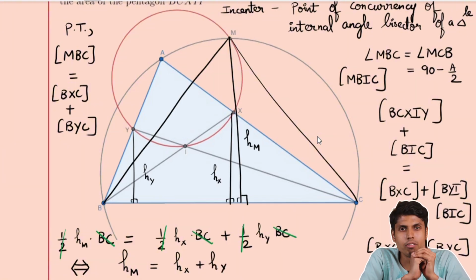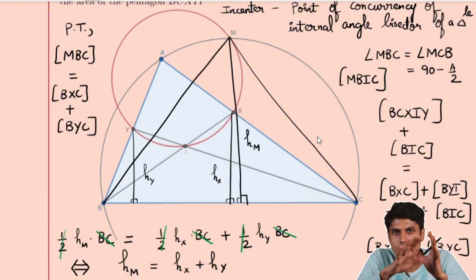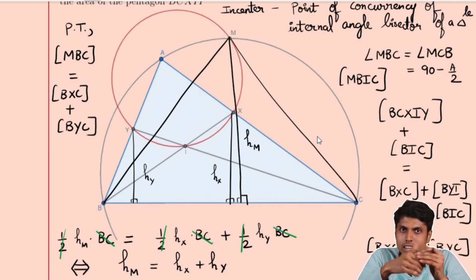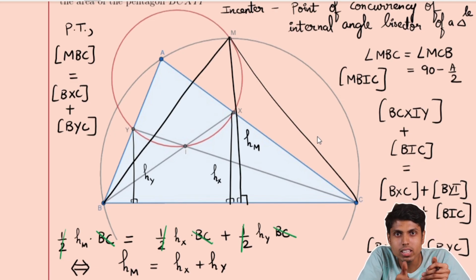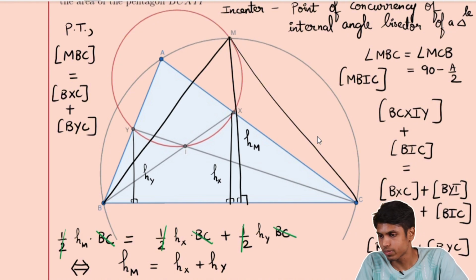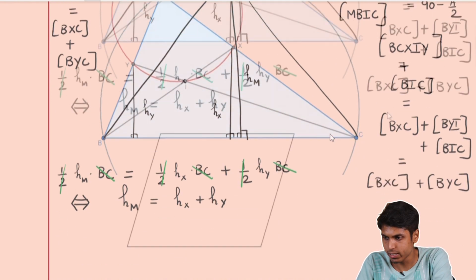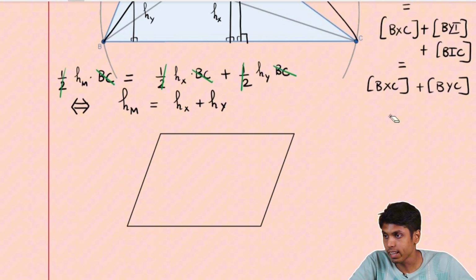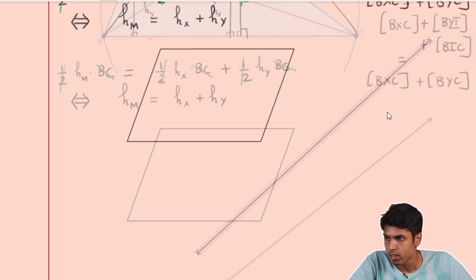But wait, we have realized this equation somewhere else, right? And this is exactly what I mentioned in the introduction as a preliminary theorem. When you drop perpendiculars, let's draw a diagram to illustrate it. Suppose you have a parallelogram and also you have a line outside the parallelogram.